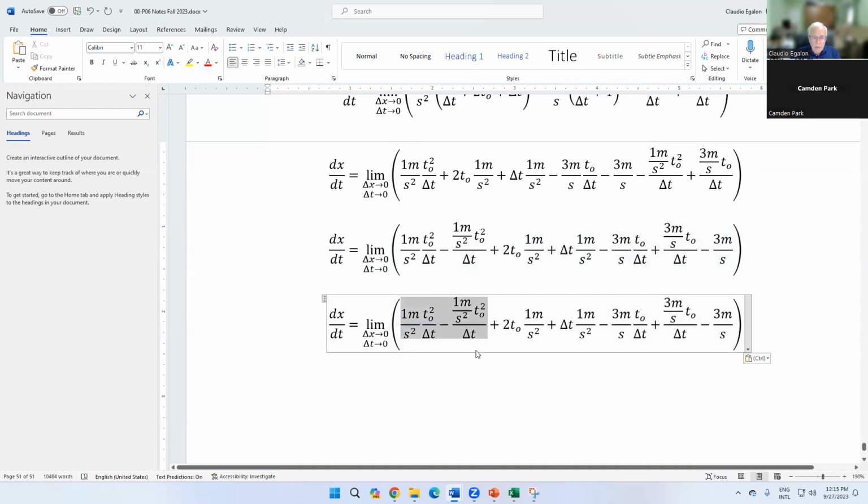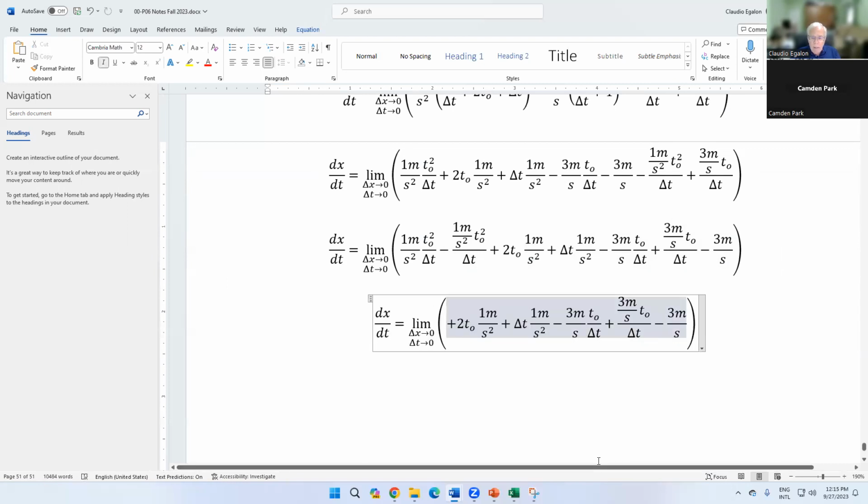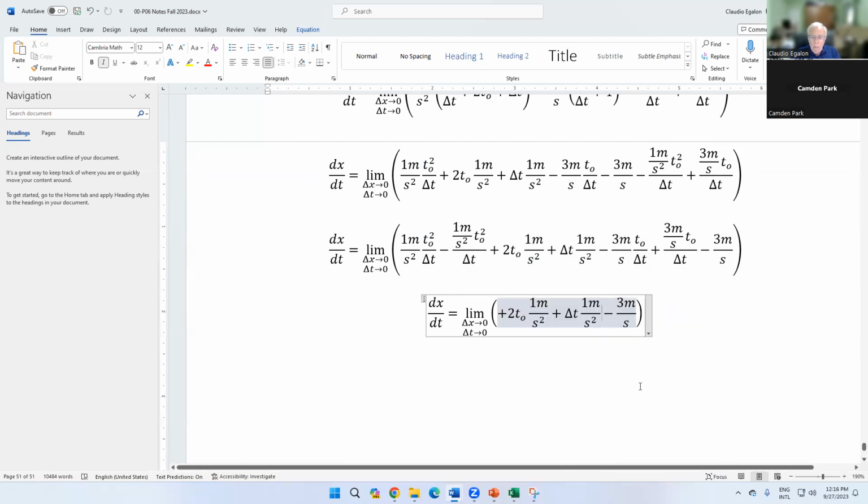Those two disappear, and those two disappear as well. Right? What about here? This term goes to 0, because delta t is going to 0, this term goes to 0.